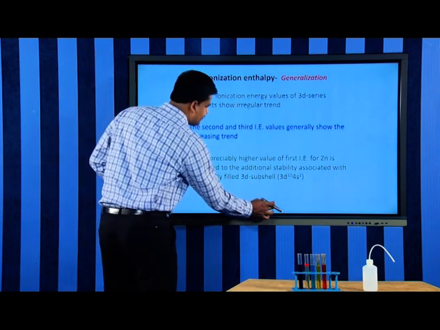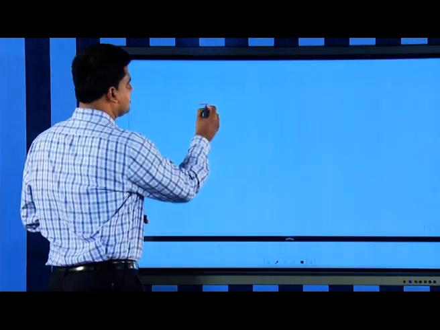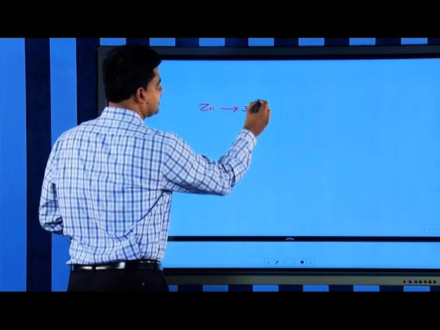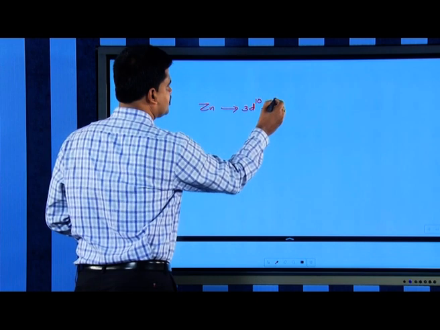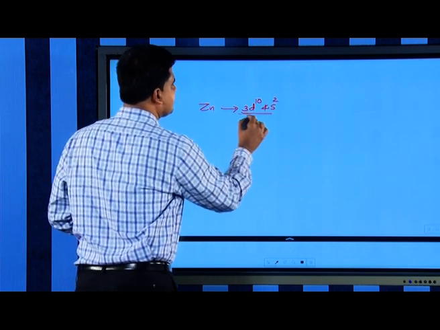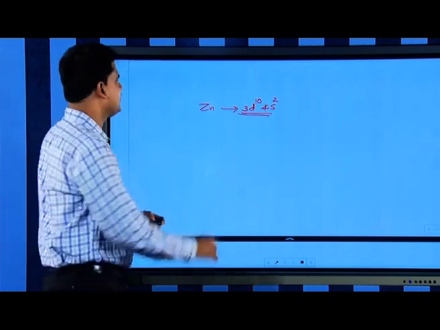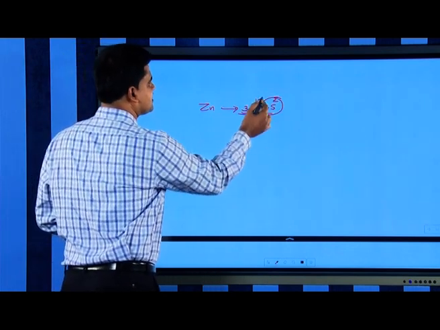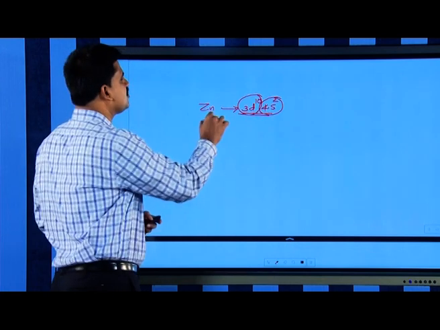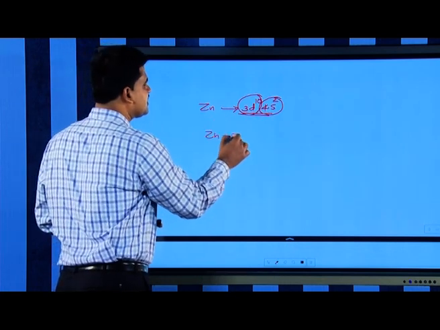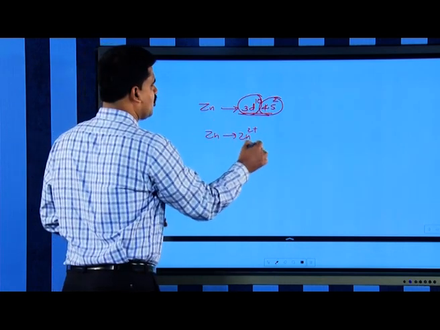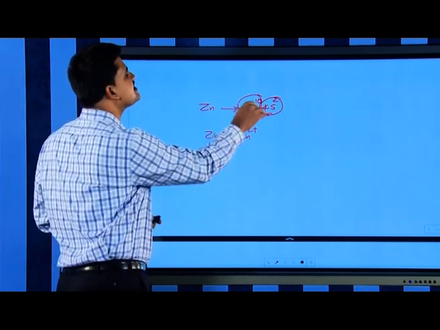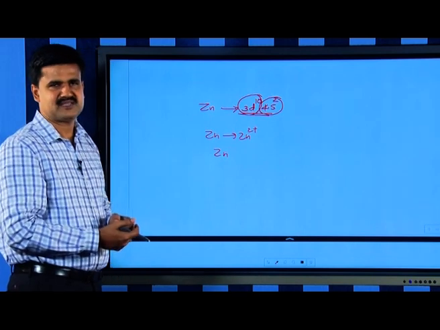That is, for zinc, the electronic arrangement is 3d10 4s2. This is a very stable electronic arrangement. It is completely filled in the case of 4s as well as in the case of 3d10. So, whenever I wish to convert zinc to zinc 2+ or zinc 3+ or any other higher states, we are disturbing this stable electronic arrangement.